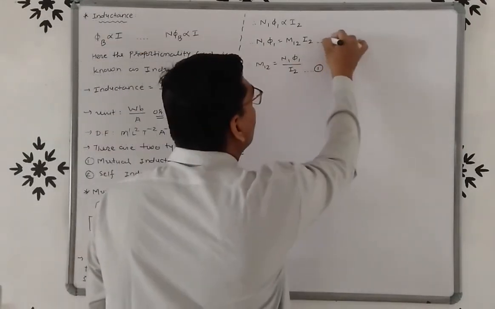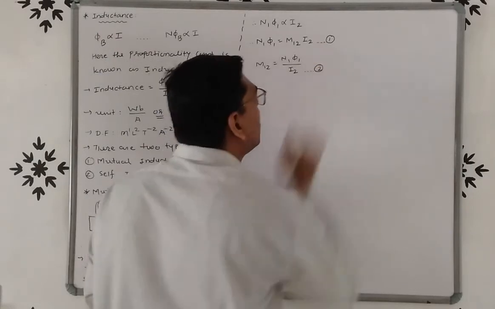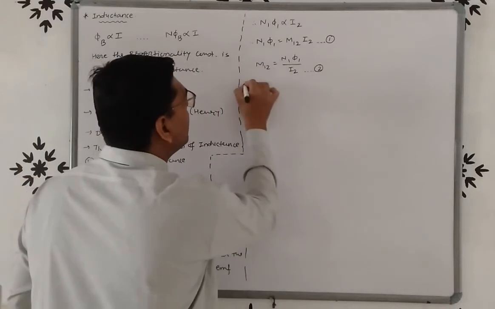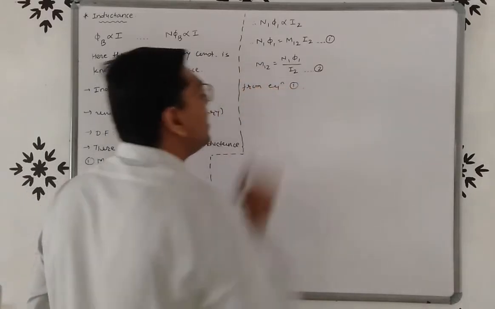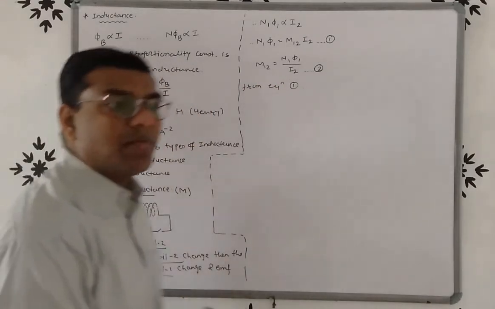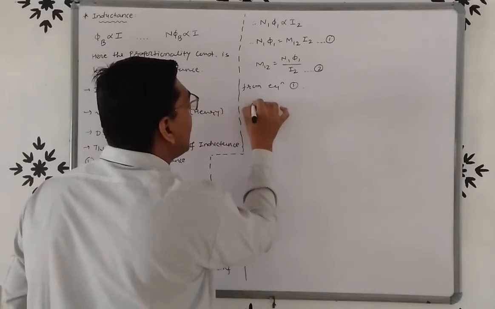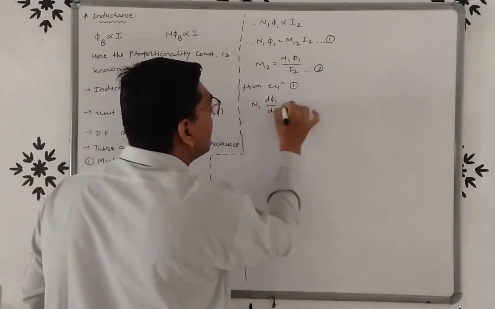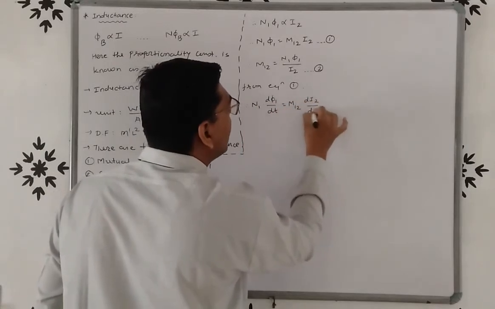Here we denote this equation as equation 1, and this is equation number 2, right? From equation number 1, we take the derivative with respect to time. So we can write N1 d phi 1 by dt, with M12 constant, di2 by dt.